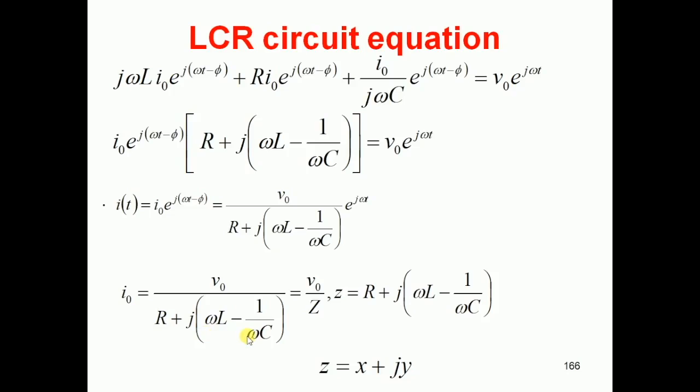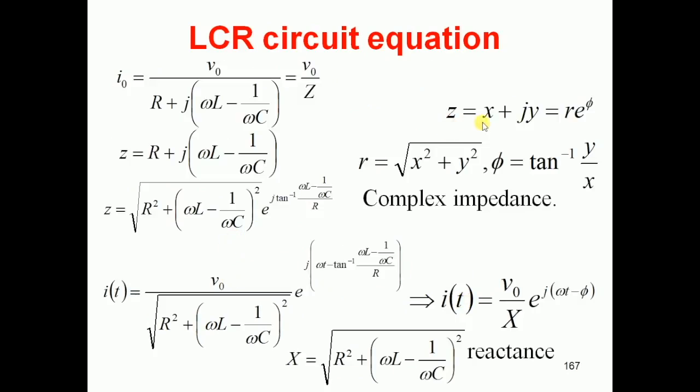You can consider an ordered pair, or you can think of it as x plus jy, and the total complex impedance of the LCR circuit can be represented by this capital Z, and Z is equal to R plus j times omega L minus 1 upon omega C.